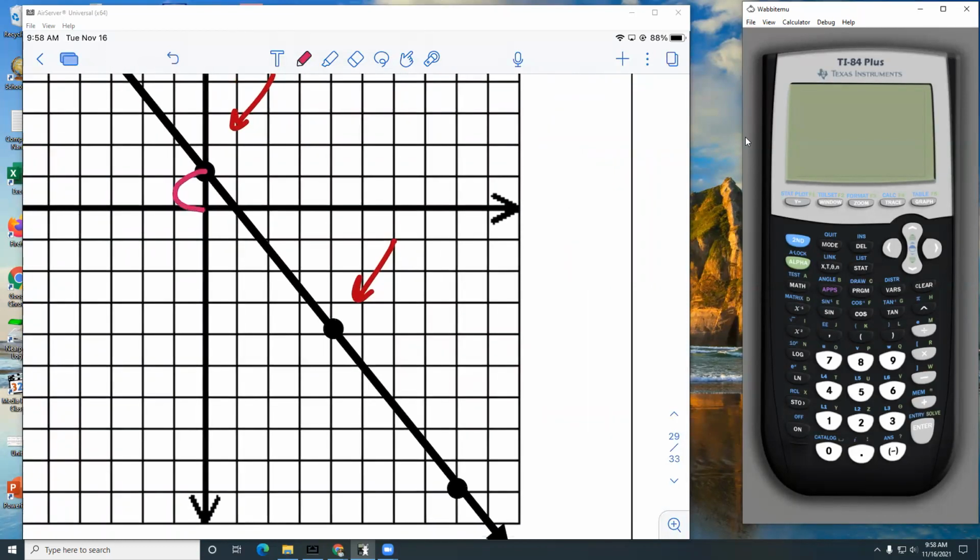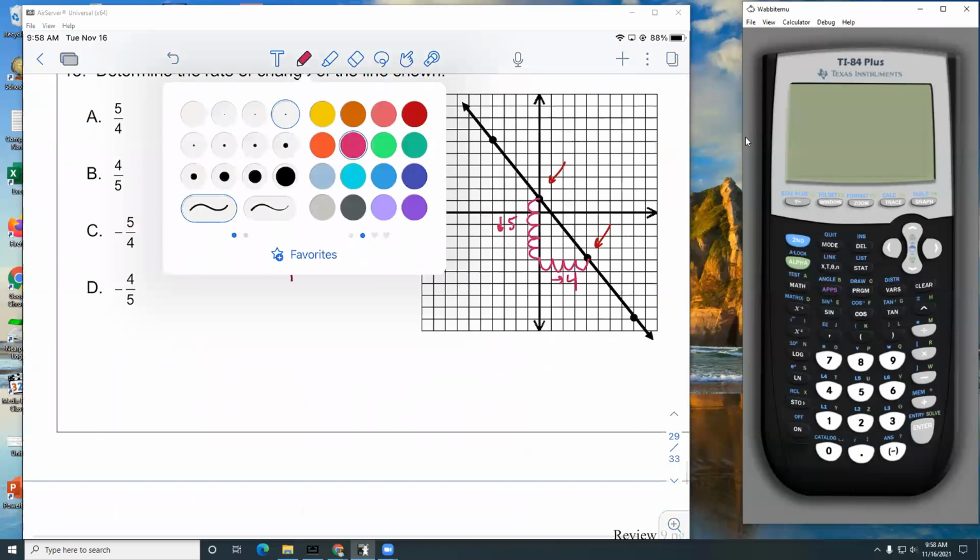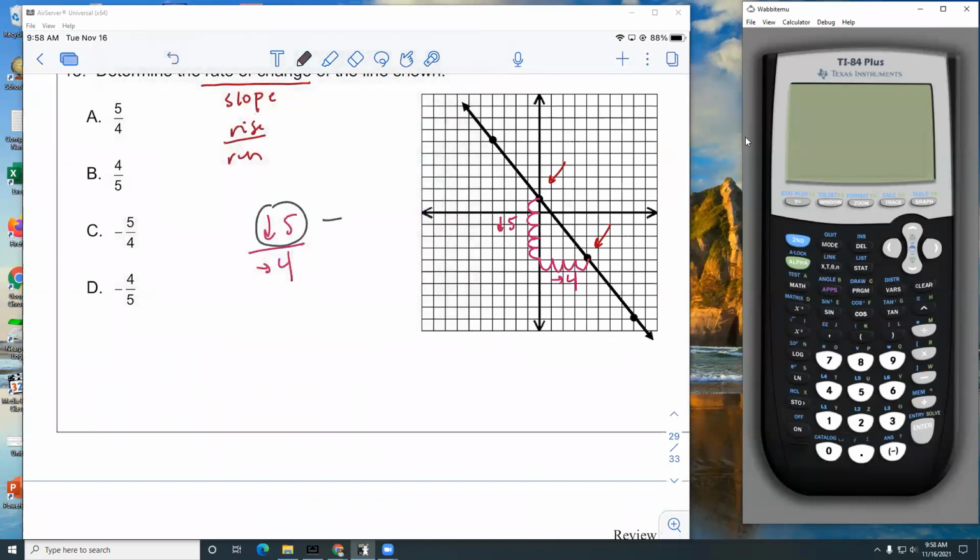I'm going to go down 1, 2, 3, 4, 5. I go down 5 and I'm going to go over 1, 2, 3, 4. So I went down 5 and right 4. Whenever you go down, that tells me it's going to be a negative 5 over 4. So that gives me the answer C.